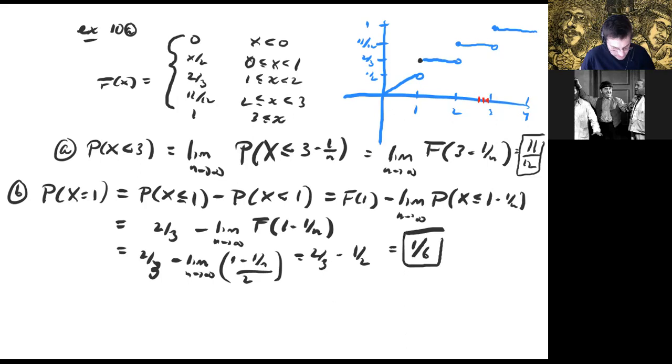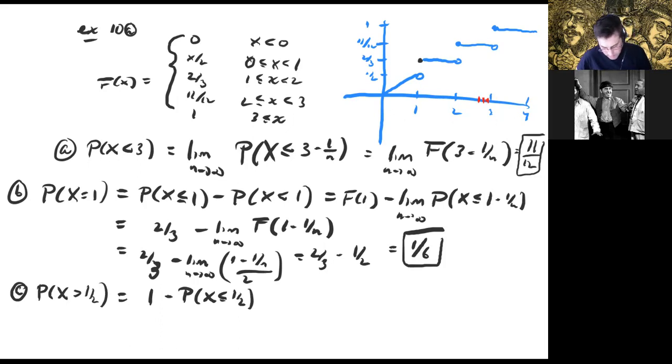Let's do part C. That is the probability that x is bigger than a half. Well, we can use the complementary probability as 1 minus the probability that x is less than or equal to a half. Notice that the strict inequality gets replaced by a non-strict inequality when we do the complementary event.